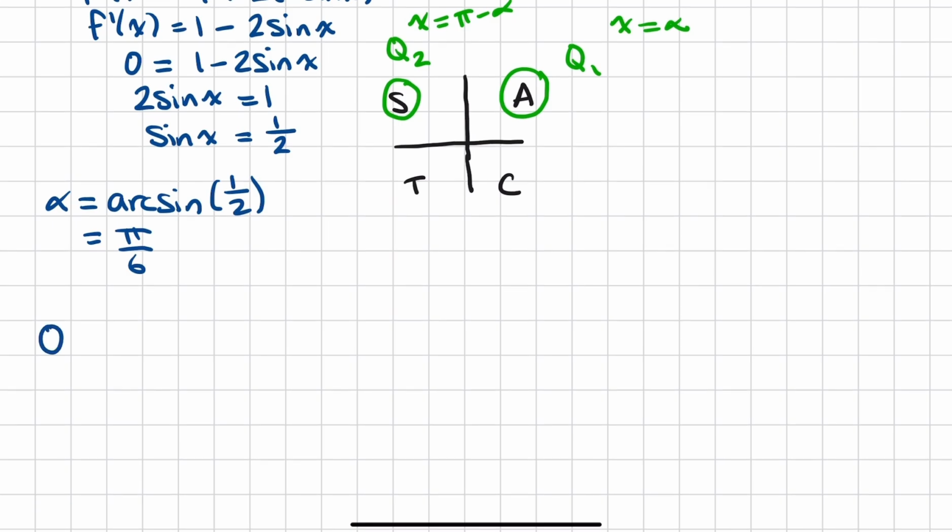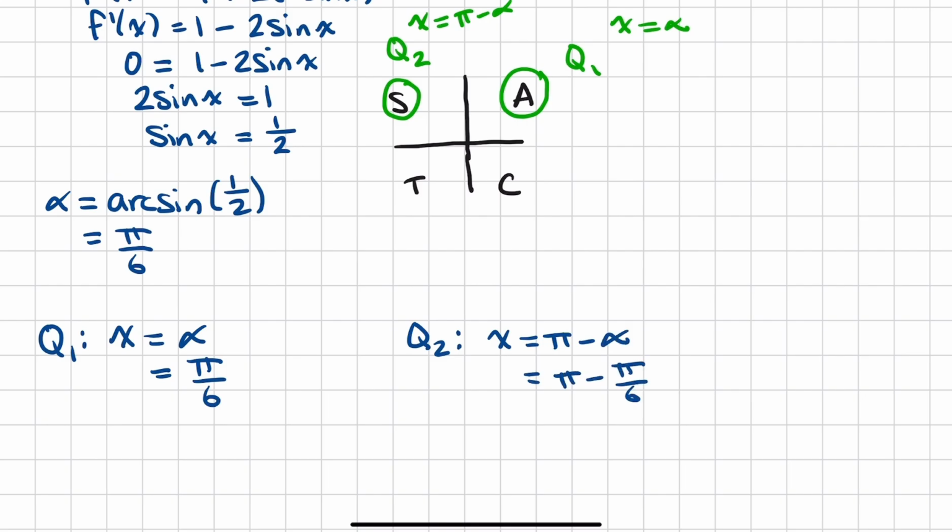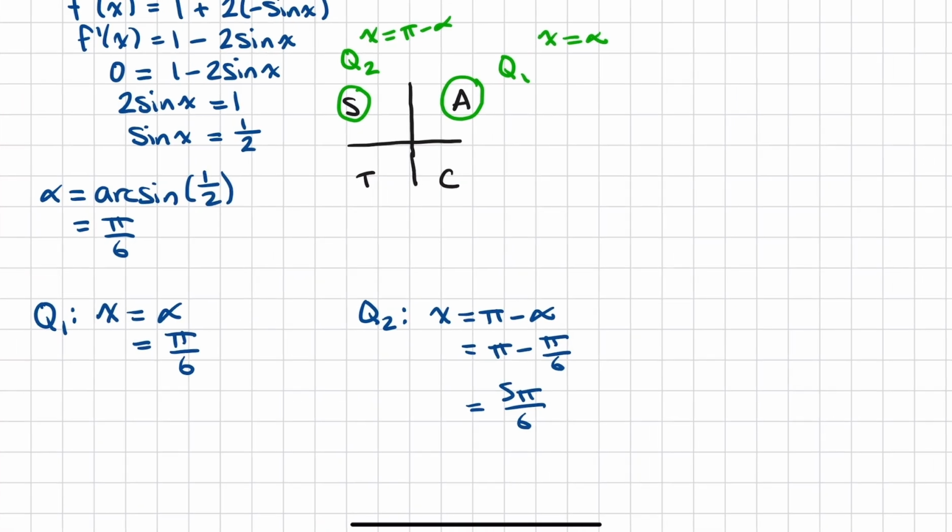And so in quadrant 1, we said that x is equal to alpha. And so our x value is just going to be pi over 6. And in quadrant 2, we said that x is equal to pi minus the alpha value, which is going to be pi minus pi over 6. And so that is simply just going to give us 5 pi over 6.